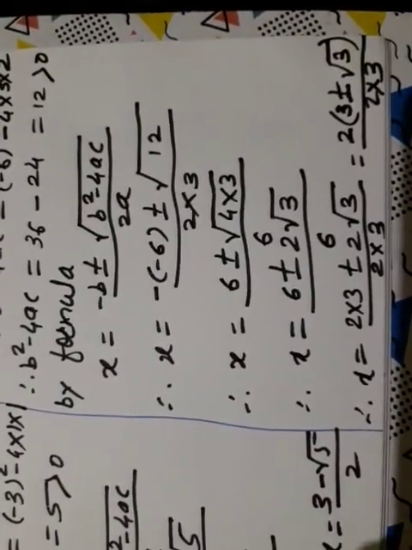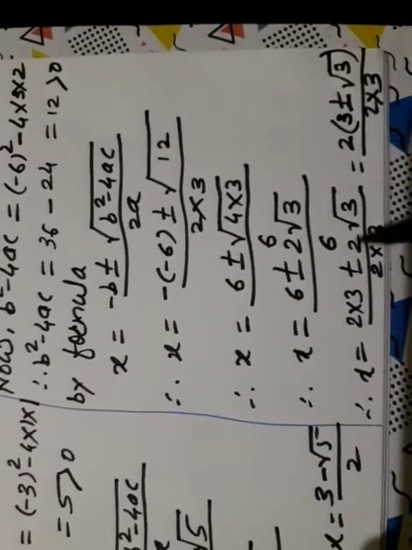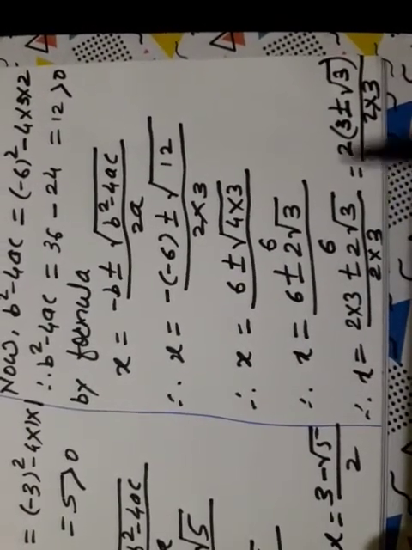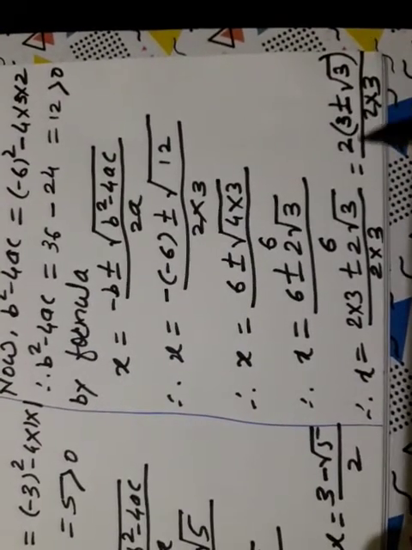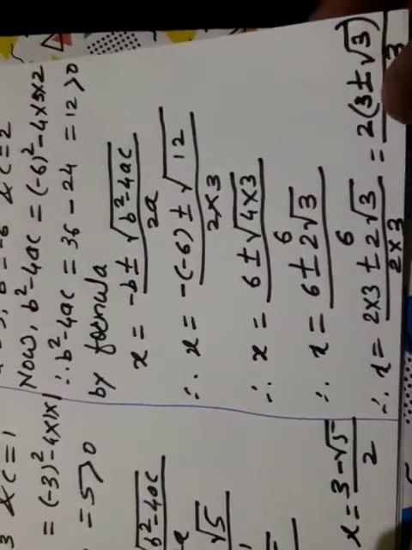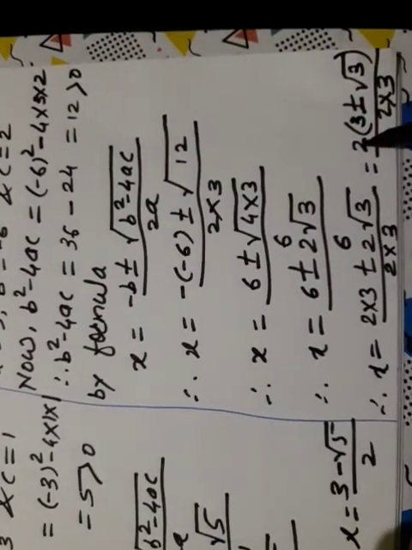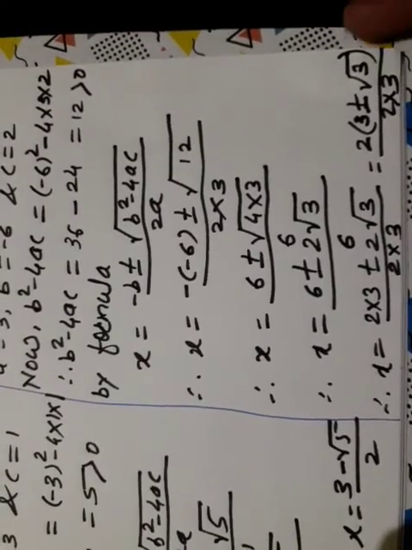Got idea now? What I did, I have taken 2 as the common factor and remaining terms I have written inside. These 3 plus or minus this root 3 divided by 2 into 3. Here 2 will get cancelled. These 2 and these 2 will get cancelled. Then 3 plus or minus root 3 divided by 3. Okay, that will be the factor. Do you understand what I said?